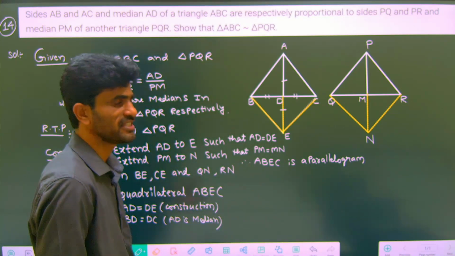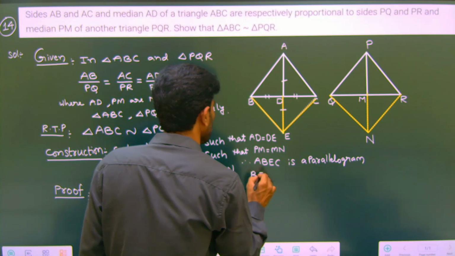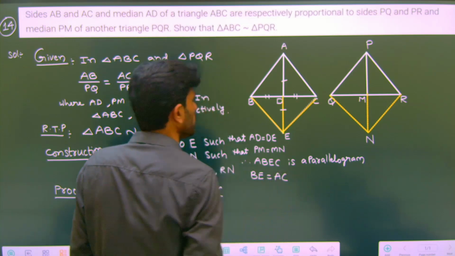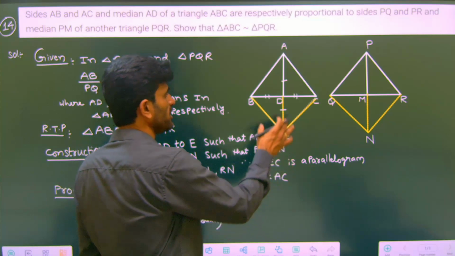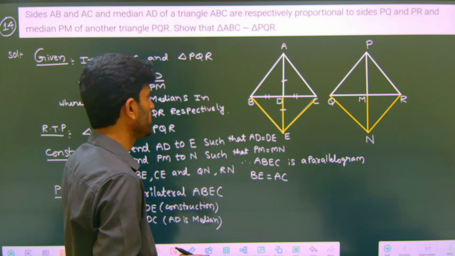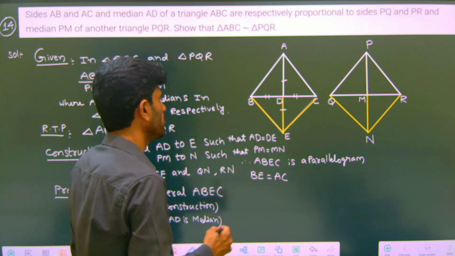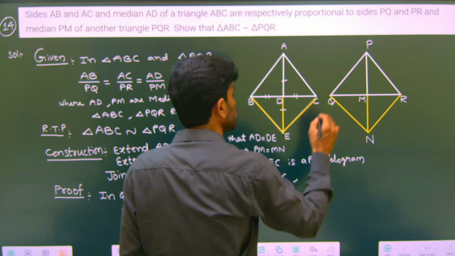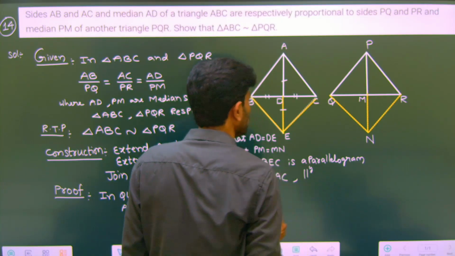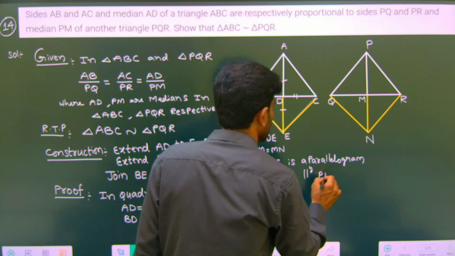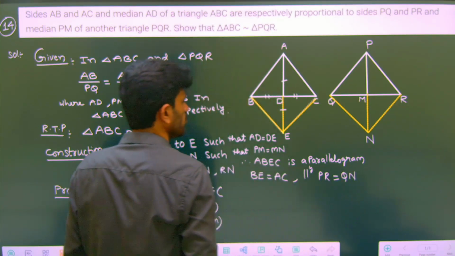Then BE is equal to AC, because in a parallelogram opposite sides are equal. Similarly, we can also write PR is equal to QN.